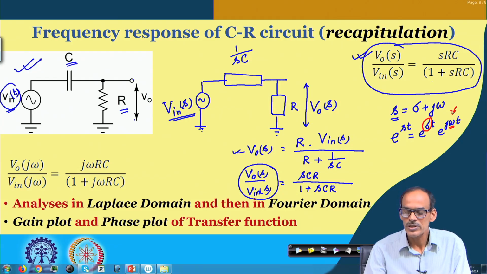So, the transformation of the transfer function from the Laplace domain to the frequency domain can be obtained simply by dropping sigma, that is, setting sigma equal to 0. In other words, as a special case e to the power st becomes e to the power j omega t. Or we can say that in the transfer function in the Laplace domain, wherever we have s, if we simply replace s by j omega, then the transfer function we get gives the frequency response of the circuit.